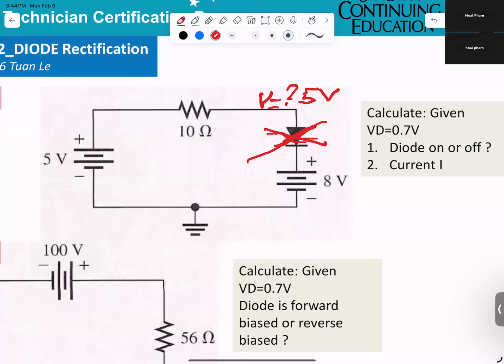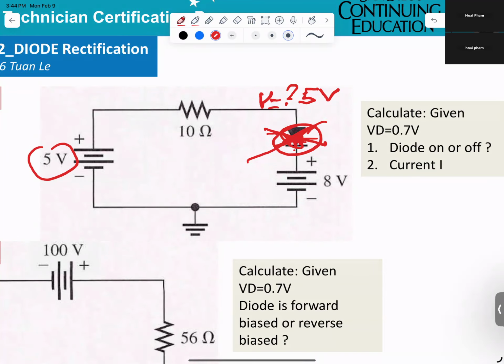So when it's open before the diode, it's the voltage at the output, 5 volt. The thing is, if you don't have any diode here, that means open. So this is 5 volt. No current flow. You still get 5 volt here.